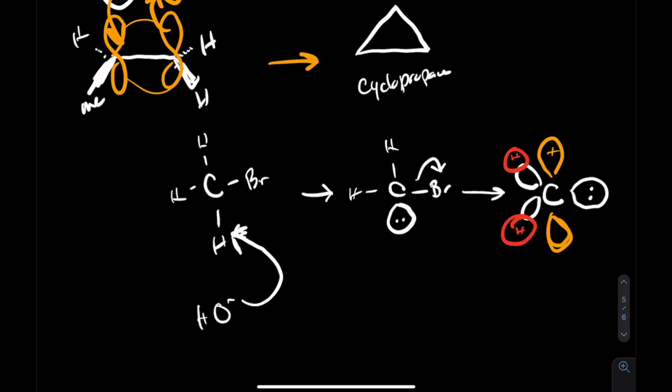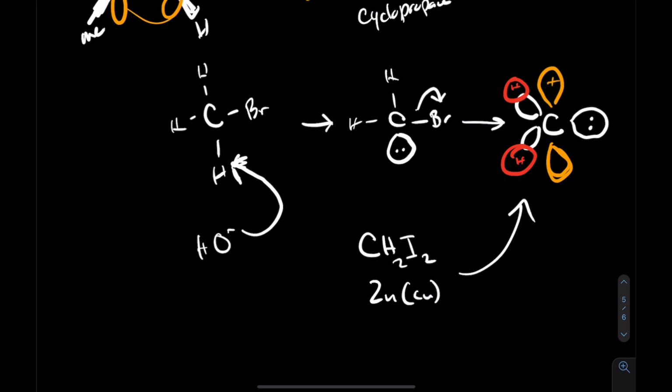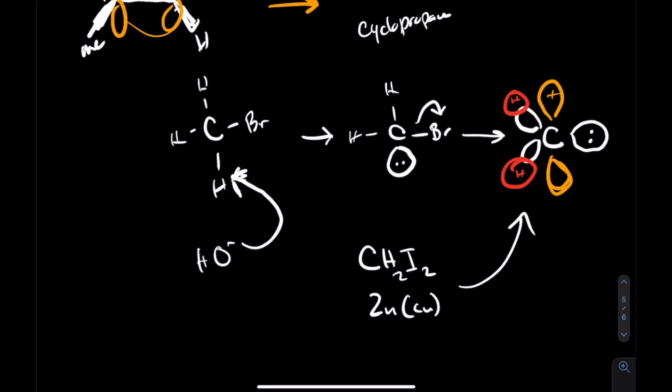Another way that's somewhat analogous is instead of using base, you can use a little trick that forces the H's off, and that's diiodomethane in the presence of zinc cuprate, and that also will generate the same species.